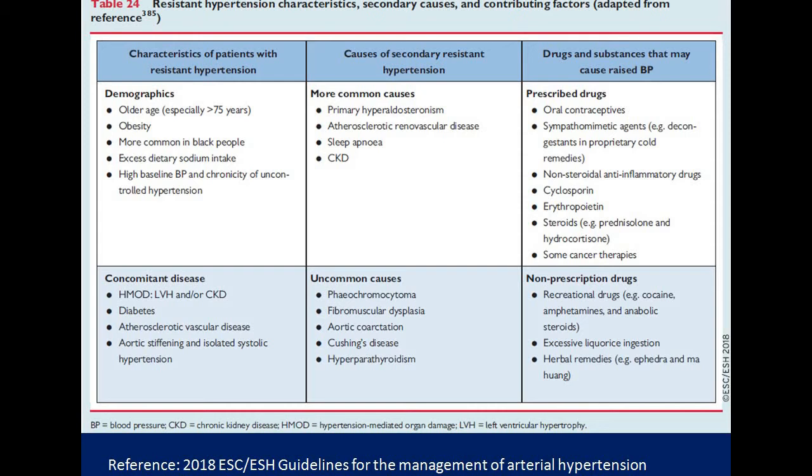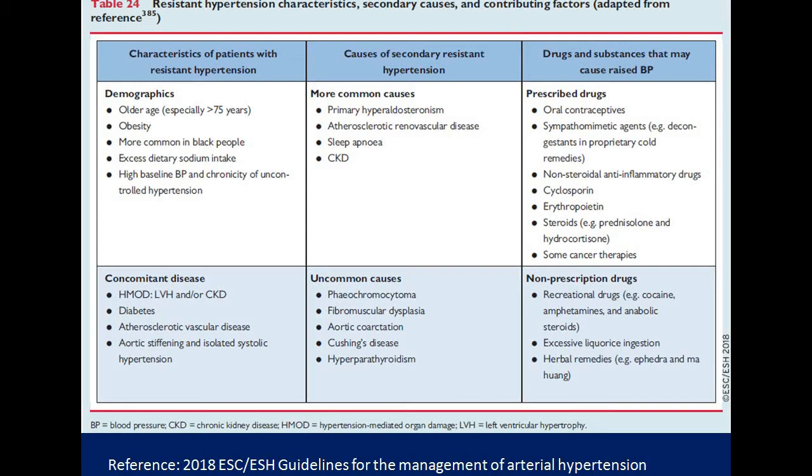The major causes for resistant hypertension include primary hyperaldosteronism, atherosclerotic renal vascular disease, sleep apnea, and CKD, and the uncommon causes include pheochromocytoma, fibromuscular dysplasia, aortic coarctation, Cushing's disease, and hyperparathyroidism.